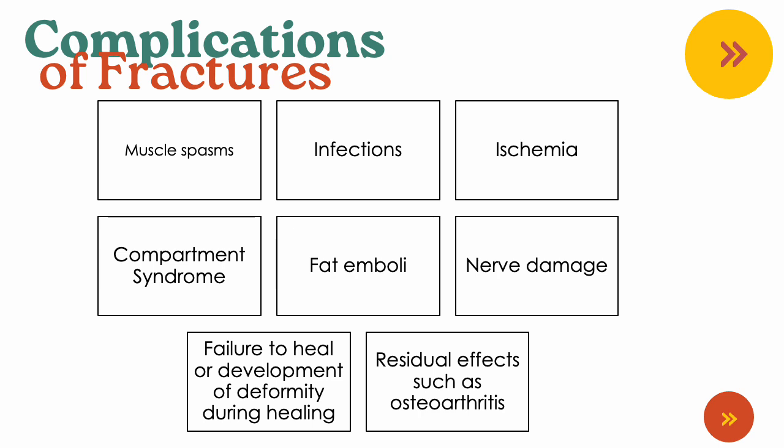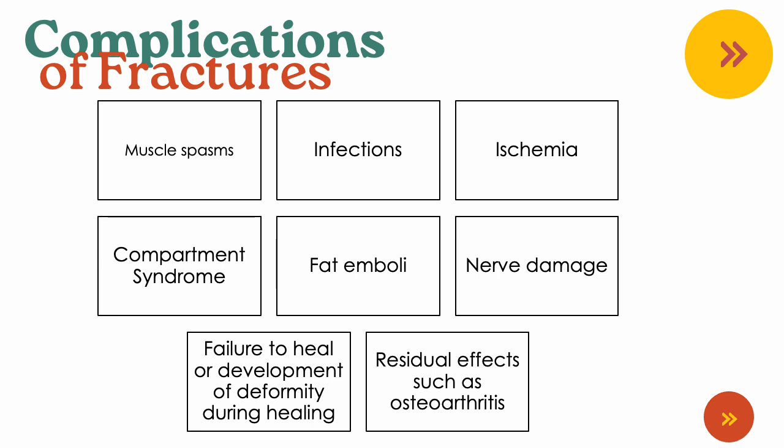Again, something that we look at as a result of casting is compartment syndrome. And it can occur shortly after a fracture and after we have casted it and made sure it was stable. Again, this can start pain, it can start ischemia, and if it's not assessed appropriately, you can get necrosis of the muscle.